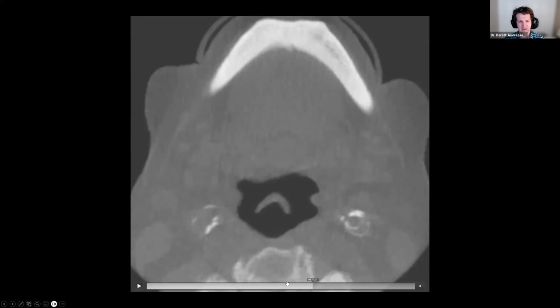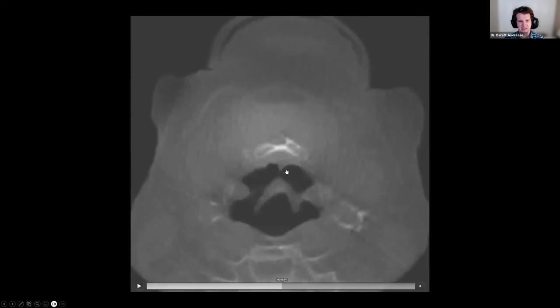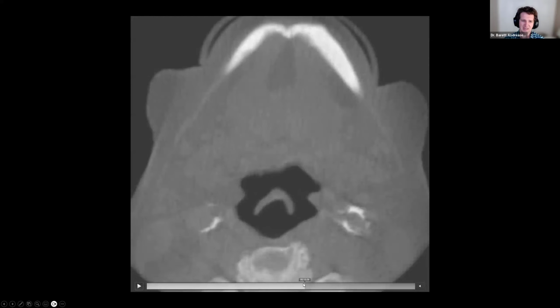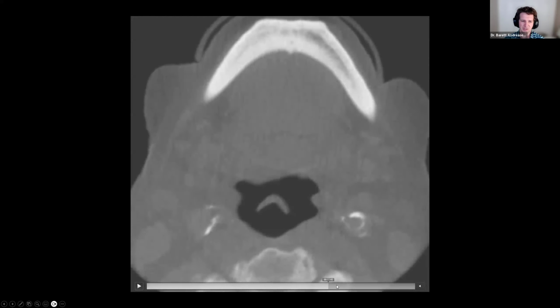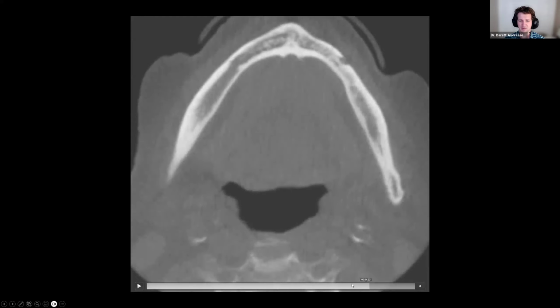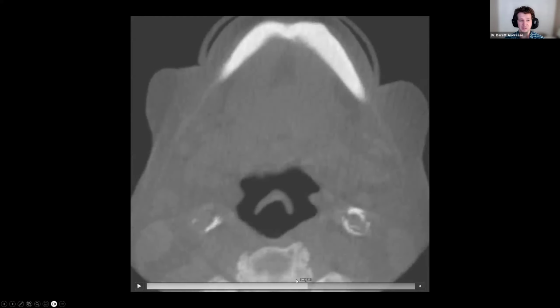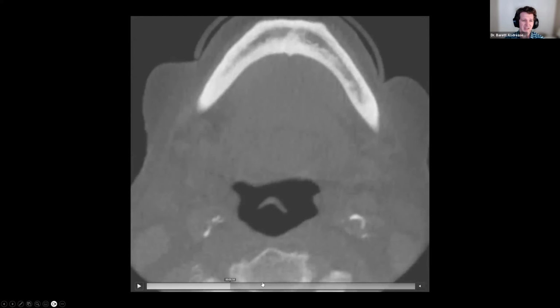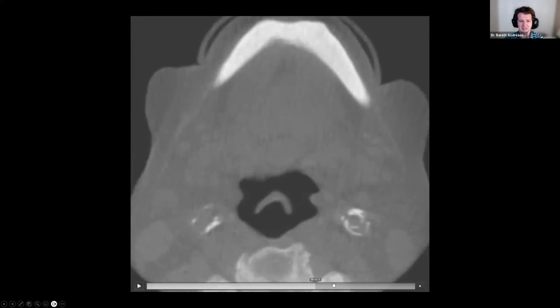And if we scroll down a little bit further, you'll see actually this is our hyoid bone. And what we know about the thyroid cartilage is that it has to be inferior to that hyoid bone. But these radiopacities extend fairly far superior to that hyoid bone. So we know it can't be thyroid. We know it can't be triticeous. There's no other normal anatomy in this area.